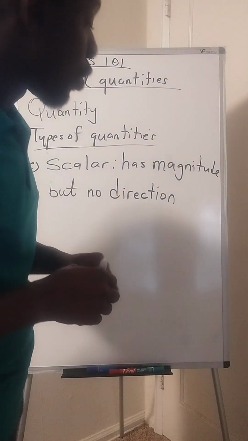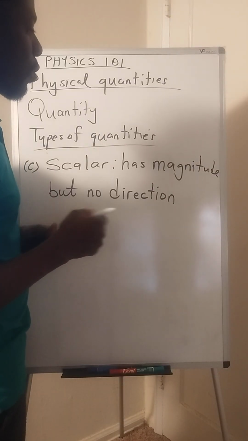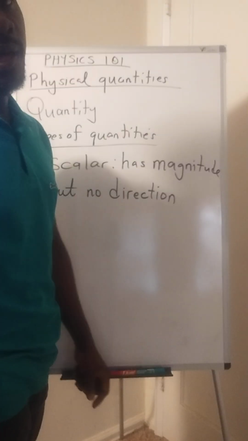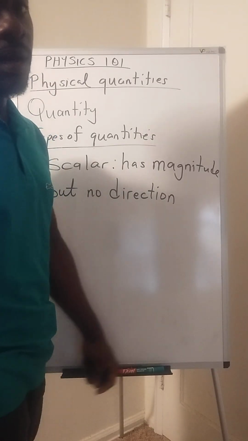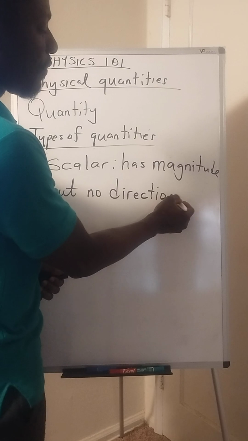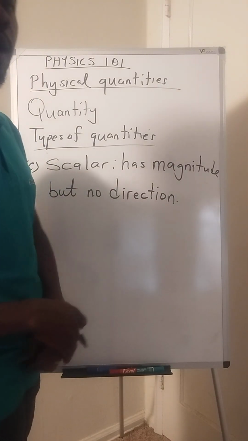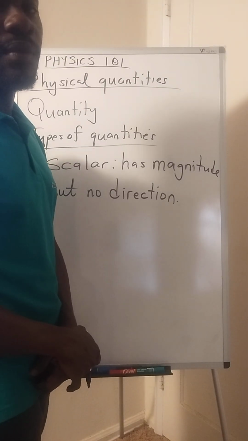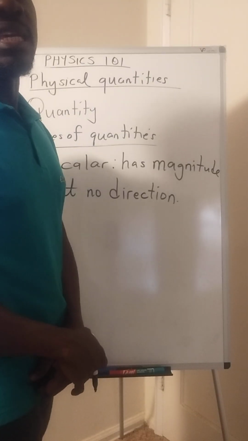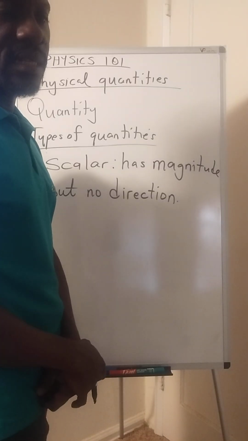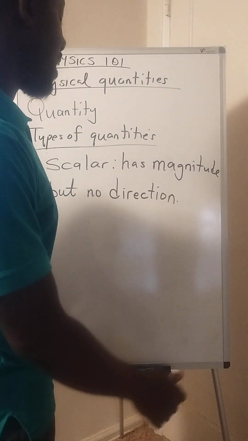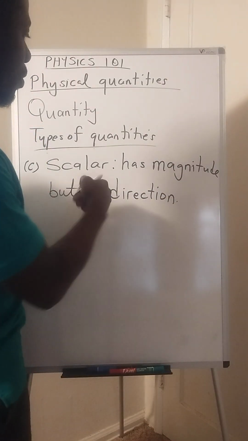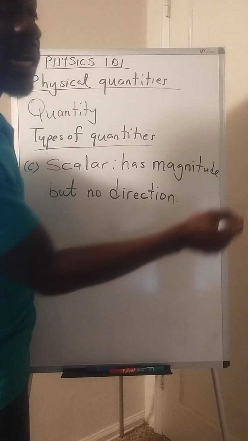Magnitude but no direction. And so when we talk of magnitude, it is the measure of that particular quantity that we are talking about. If you recall, I made reference in my opening statement that we have 10 meters, 2 miles, 100 kilometers, 30 degrees or 40 degrees Celsius, 40 degrees Fahrenheit, and stuff like that. But then this is where the clarity comes in. It has magnitude but no direction.